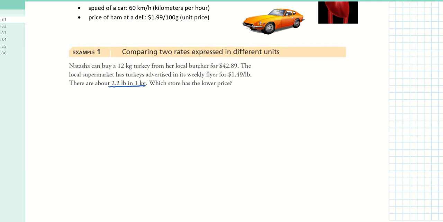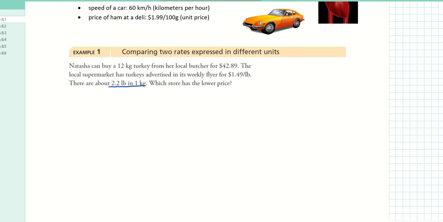And we're going to start with the price of the turkey at the store. So let's convert the $1.49 per pound to dollars per kilogram so we can compare it to the butcher.